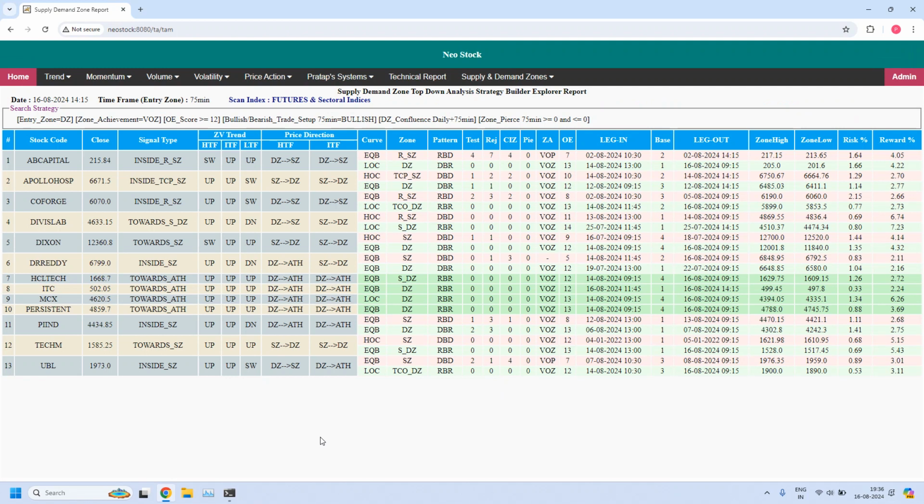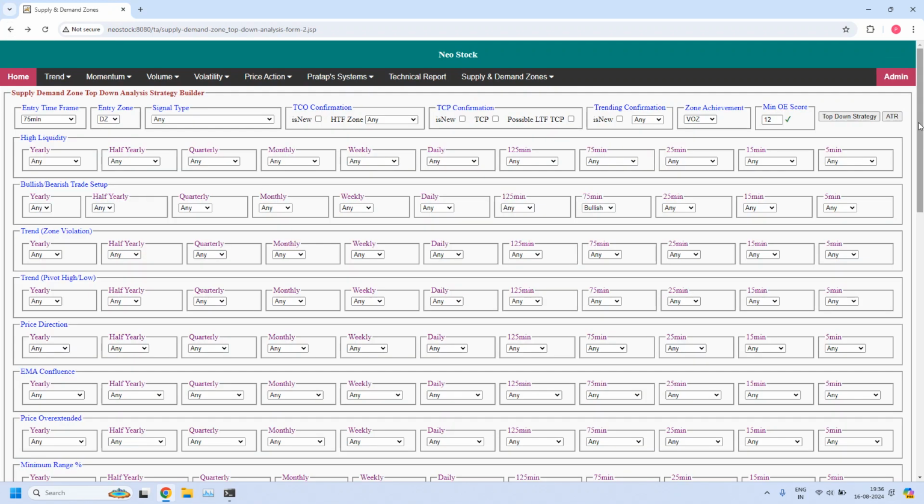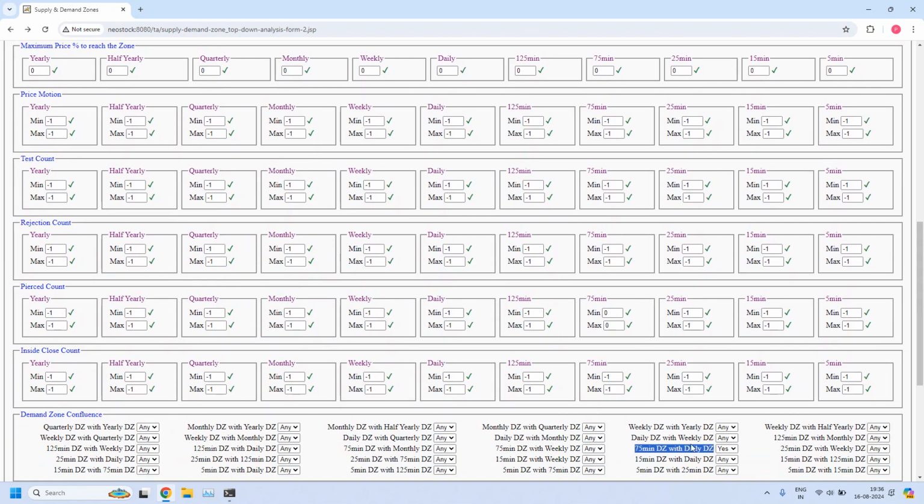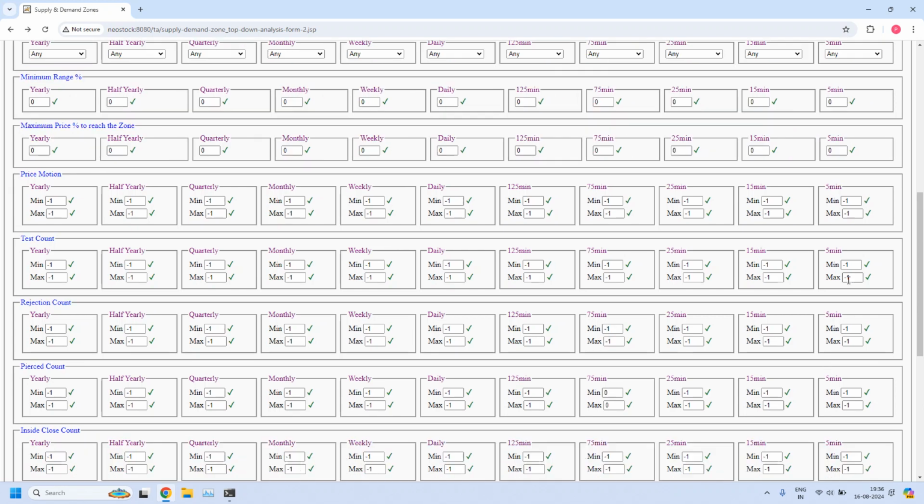Okay, now out of these 13, how many are having confluence with even HTF time frame? Let's verify. HTF is weekly. So 75 demand zone already selected. Now 75 minutes demand zone with weekly also we enabled. And next one is daily and weekly demand zone confluence. That is ITF and HTF confluence also we enabled.